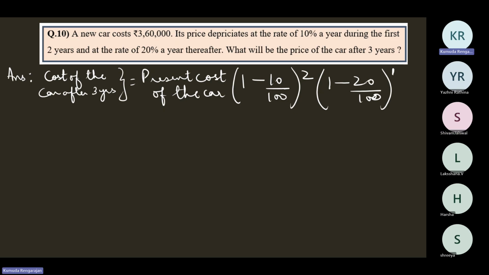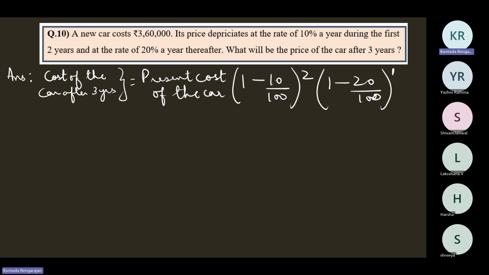Here it is only depreciation, but the rates are different, so it will be 1 minus R by 100 only. For the first 2 years, it is 10%, and for the third year, it is 20%. After the third year also it's 20%, but we have to find the price of the car after 3 years, right? So for us, it is only for 3 years.